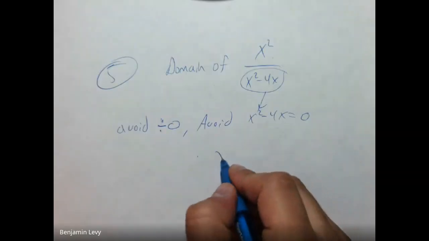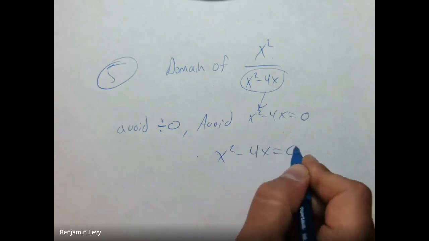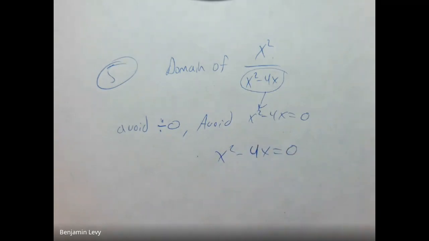So how do we solve that, right? So quadratic equal to 0. 2 options for solving that. What do you think? I don't know.